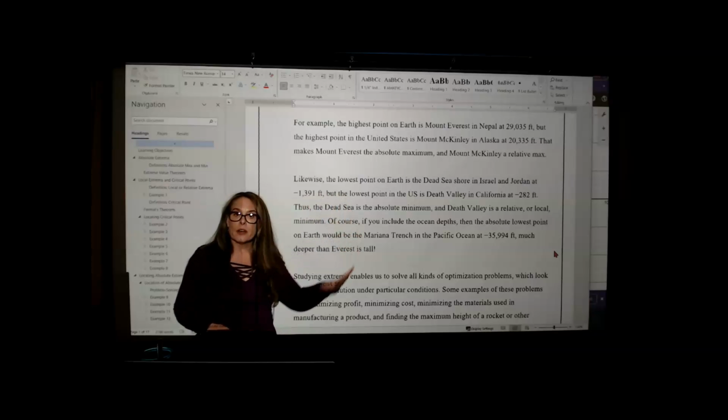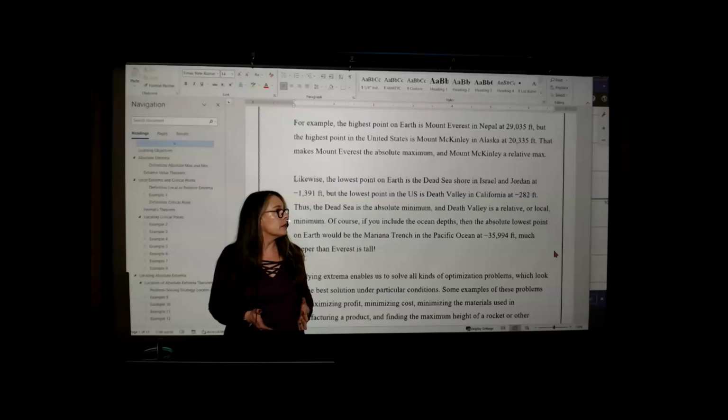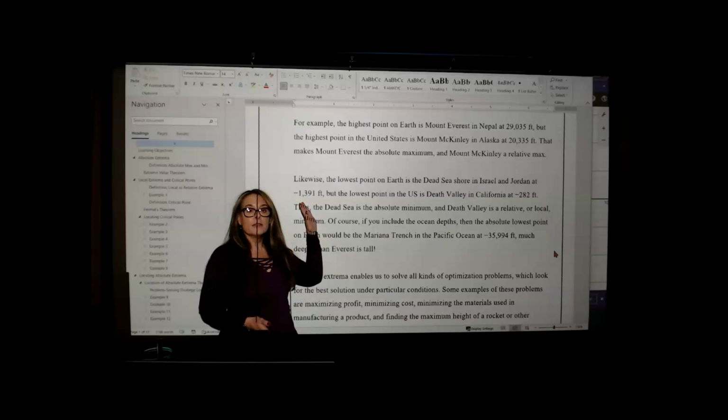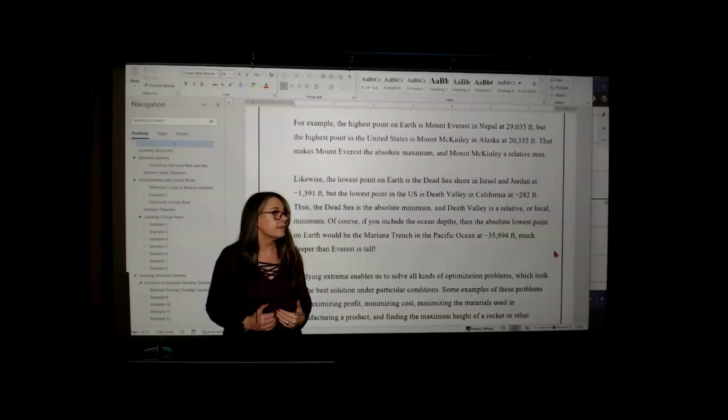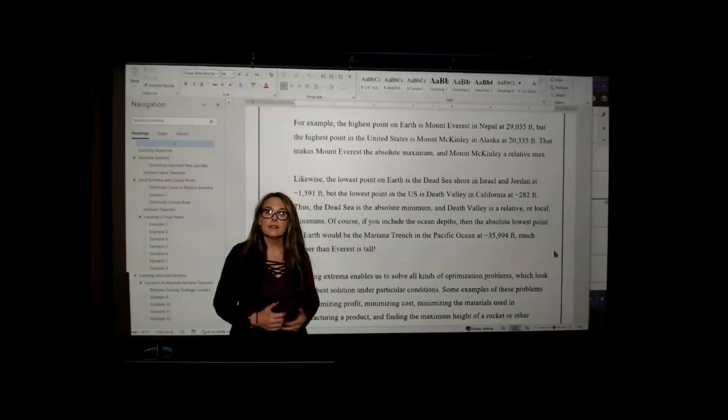The lowest point on Earth is the Dead Sea shore, which splits Israel and Jordan. It's negative 1,391 feet below sea level. The lowest point in the United States is Death Valley in California at negative 282 feet.